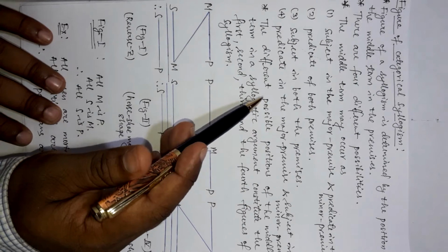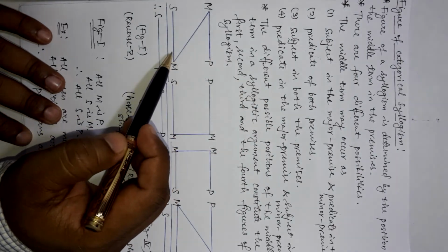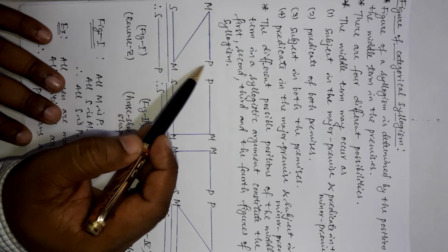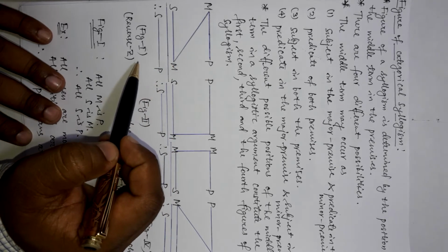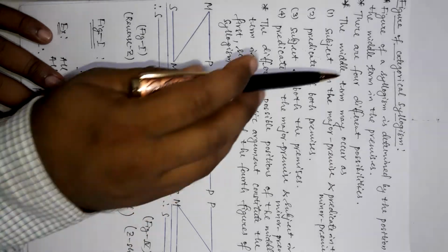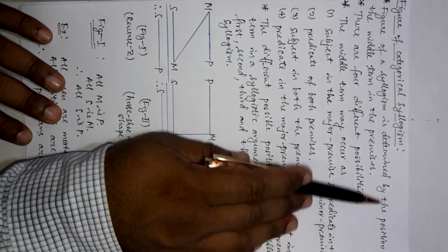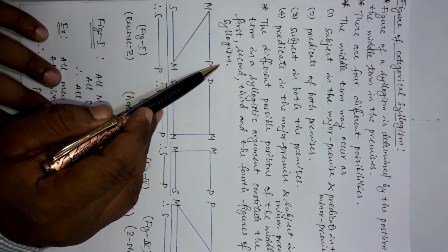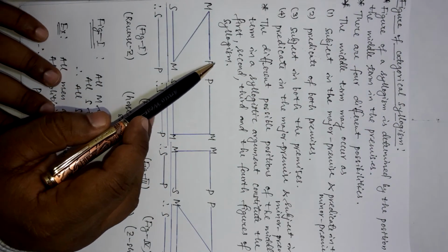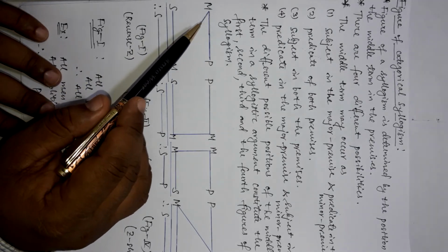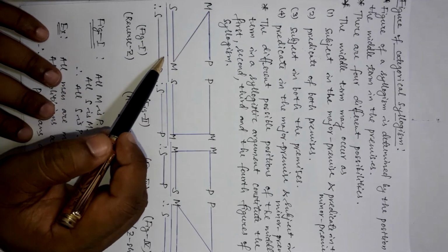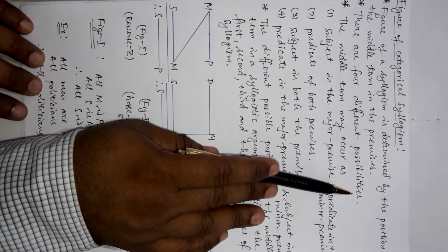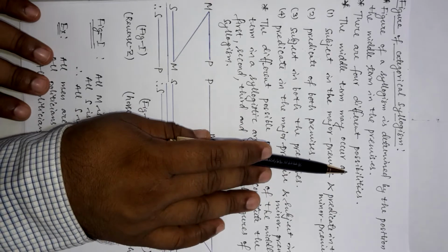I told you that a syllogism contains two premises, one major premise and another minor premise, and there is something common between the two premises, that is the middle term. So, the figure of a syllogism is determined by the position of the middle term in both the premises. Because the middle term is the connection between the two premises, as we discussed earlier, there are four different possibilities. What are the possibilities?